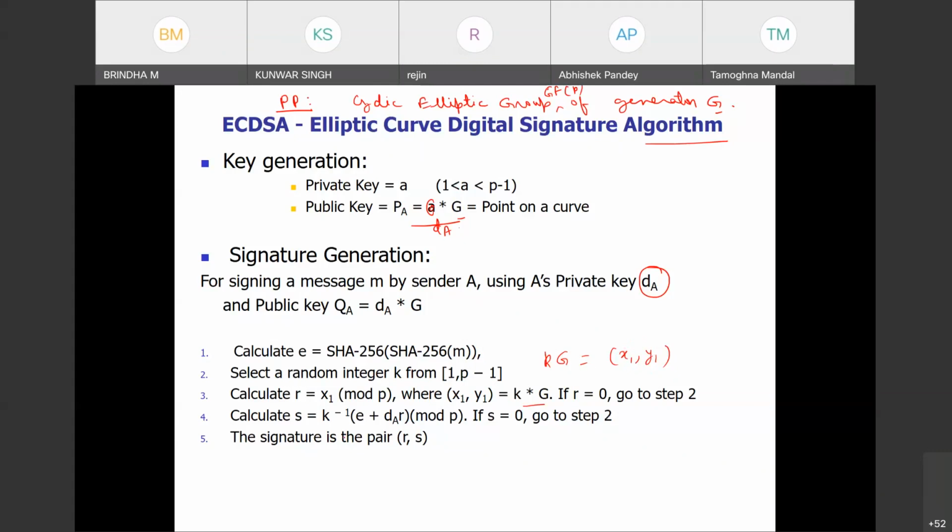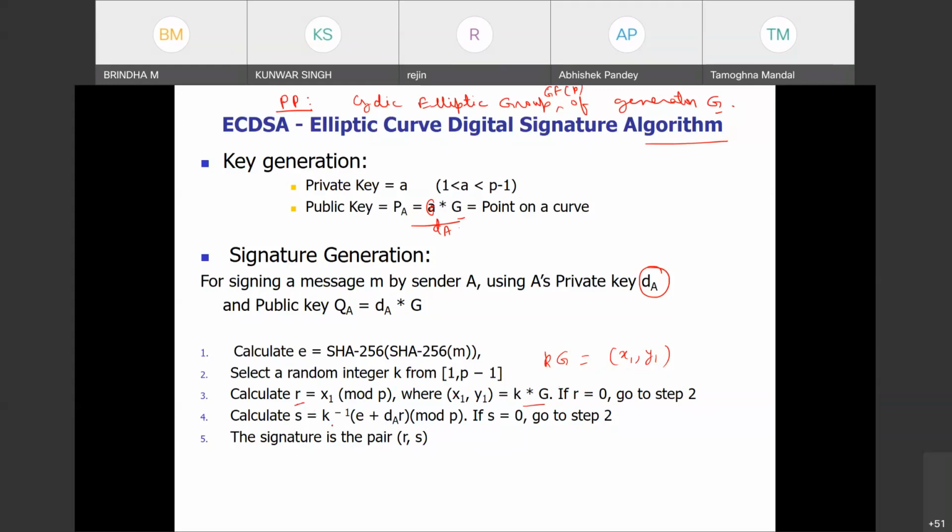This X1 will be R, if it is not 0. If it comes out 0, then you have to choose another K and find X1, Y1 again. Clear? So R and S are the signature, and R should not be 0. Otherwise, choose another K and again find KZ until X1 is non-zero, and that will be R.